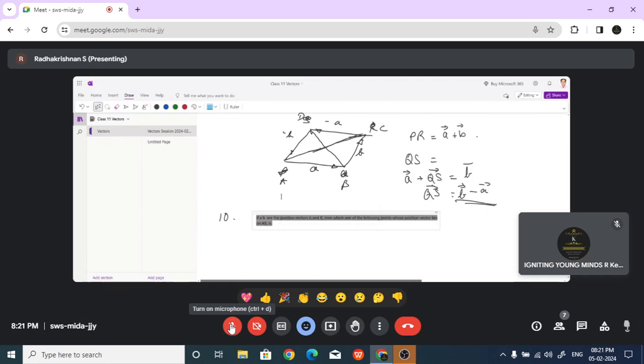The question is framed incorrectly. It should be: the point whose position vector lies on AB is.